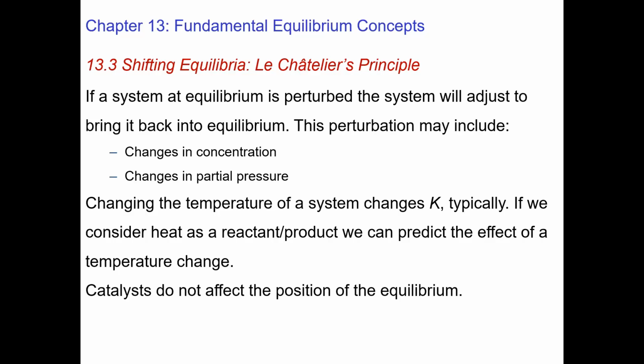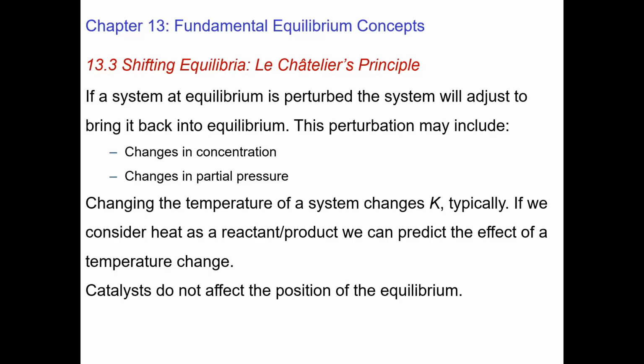So it's worth summarizing. If a system's at equilibrium and we make a change, the system will spontaneously adjust to bring it back into equilibrium. Typical ways that we might knock a system out of equilibrium would be by changing concentration or changing the partial pressure of a reactant. Sometimes we will change the partial pressure of a reactant or a product by changing the volume of the system.